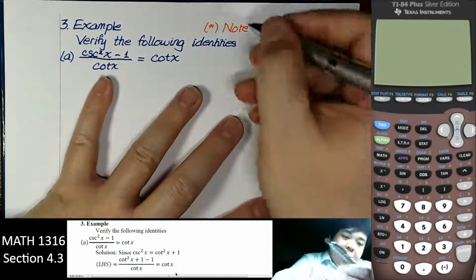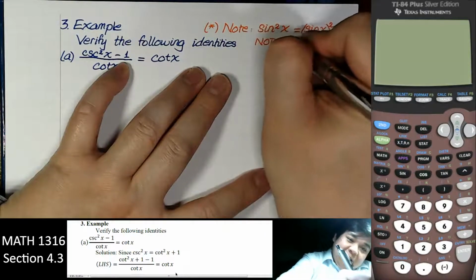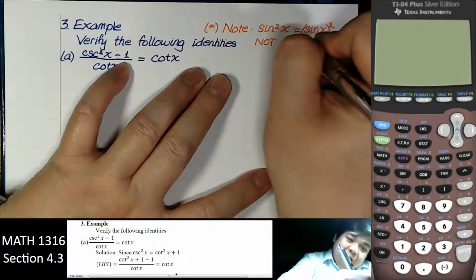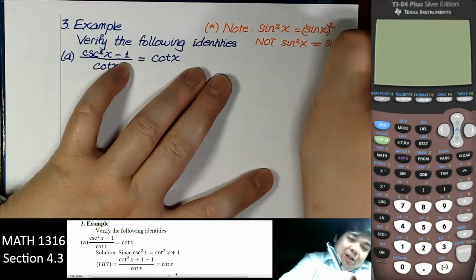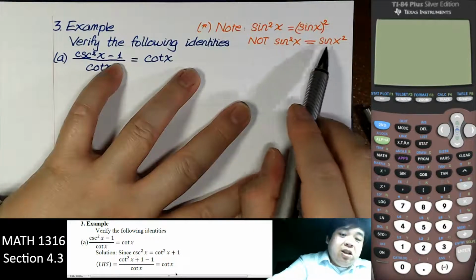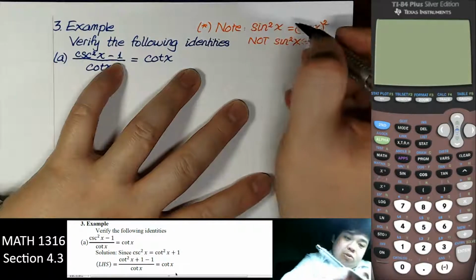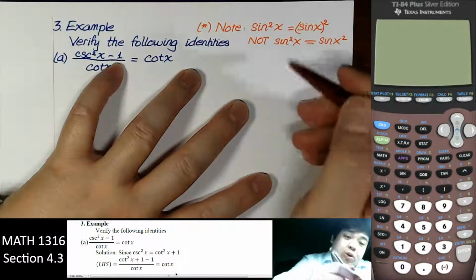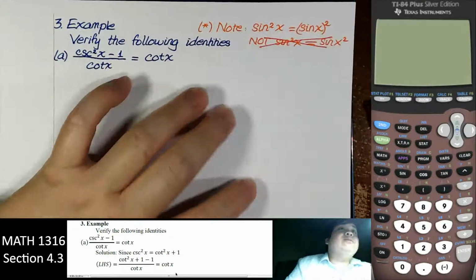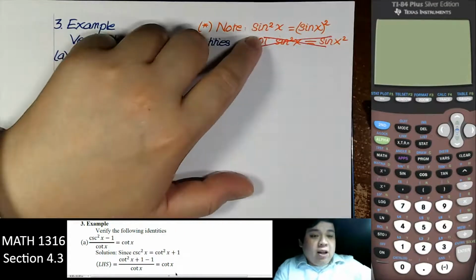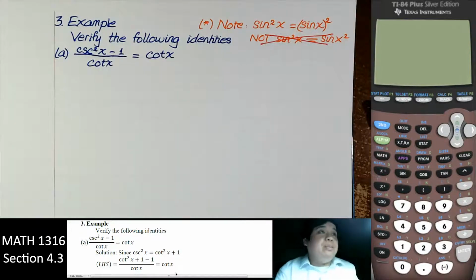That's what we mean, and not that. So whatever you do, this is incorrect. Sine square means sine of x, squared. Right.